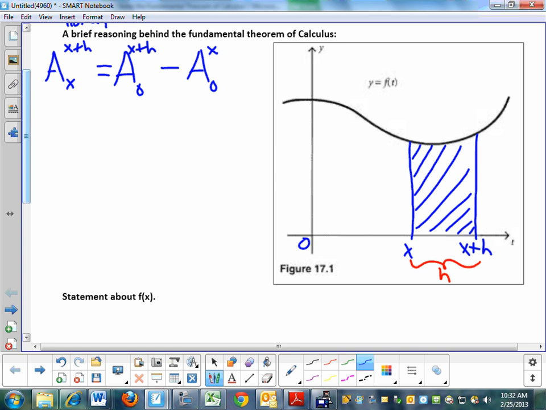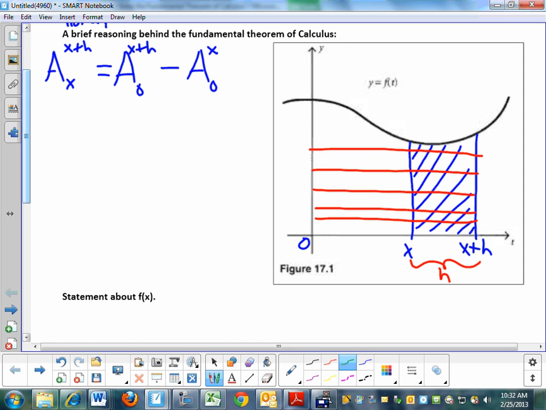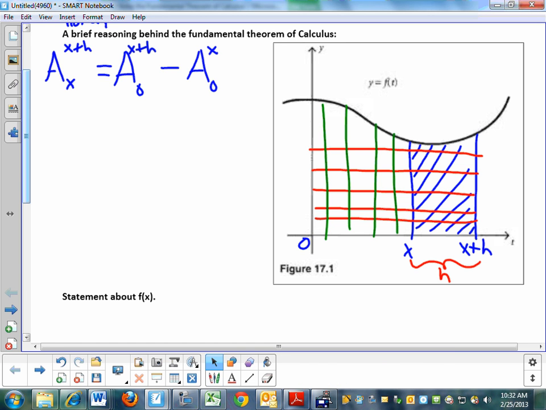It's like a superscript. Okay. Yeah, like something you would use in chemistry. So this is the area from x to x plus h, so this blue area. If I wanted to get that blue area, one thing I could do is take this red area, which is from 0 to x plus h, and I could subtract off the green area, and that would leave me with the blue area. Okay, so that's what I'm doing.